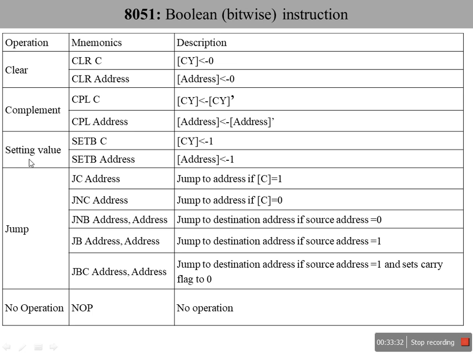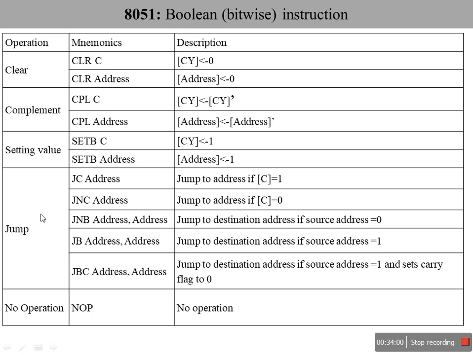Then it is possible to set a particular bit, like SETB C, set bit carry flag. Irrespective of whether the carry flag was 1 or 0 before, after executing this instruction the carry flag will be carrying logic 1. Similarly, SETB address, where the particular bit of the specified address will be set to 1.